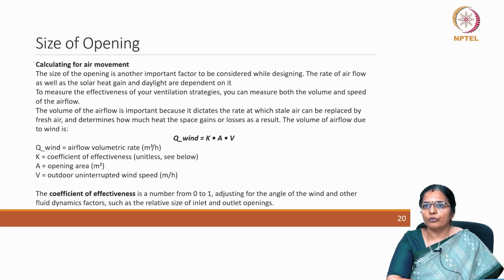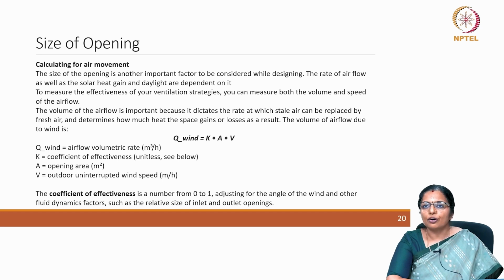The volume of airflow due to wind, the airflow volumetric rate of the wind, is determined as coefficient of effectiveness multiplied by the area of opening multiplied by the outdoor uninterrupted wind speed.